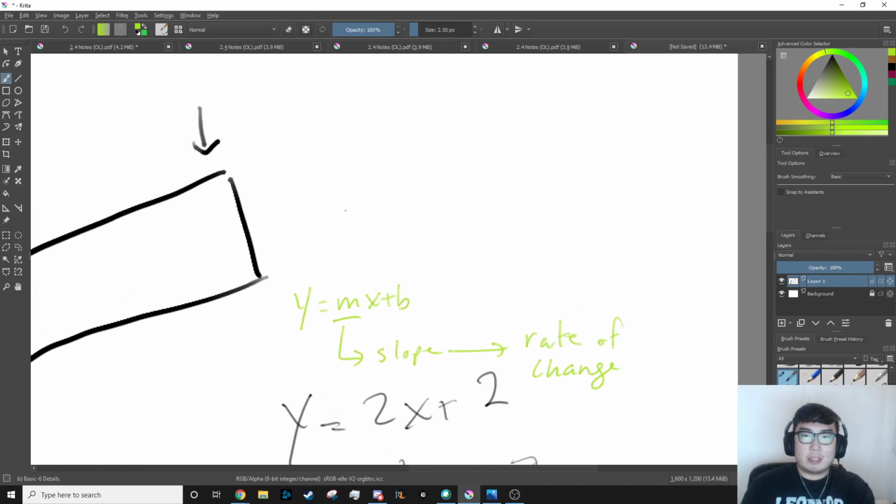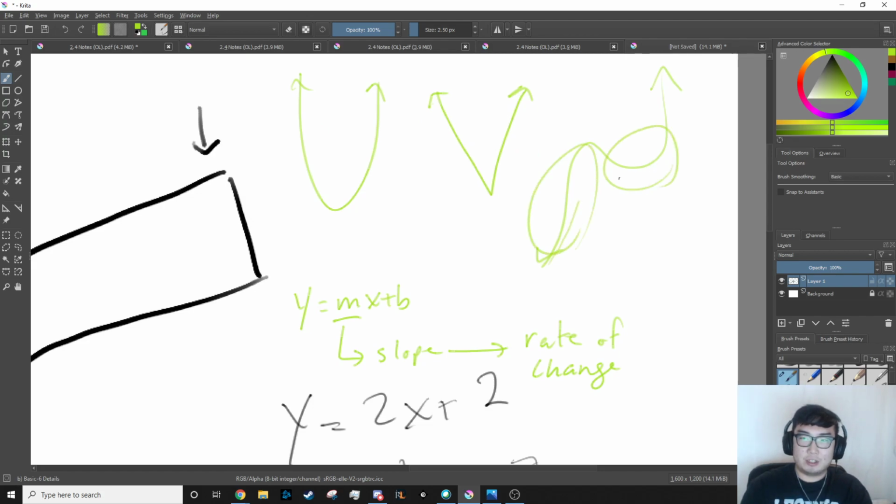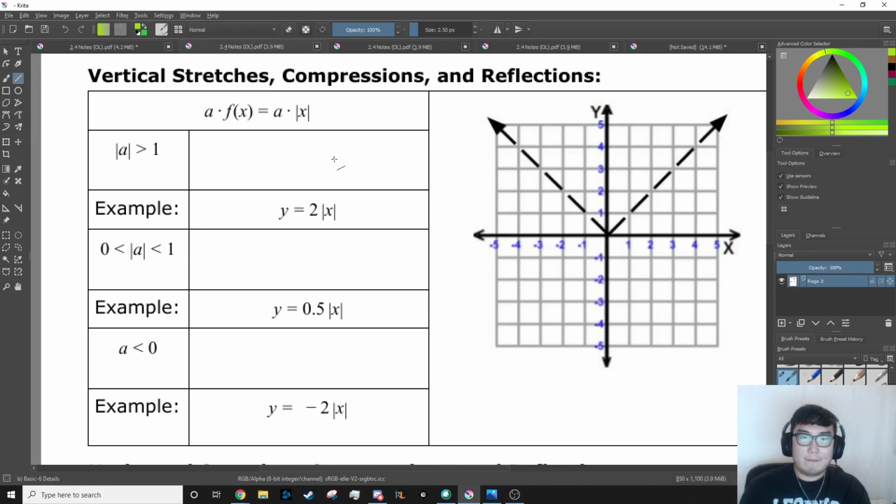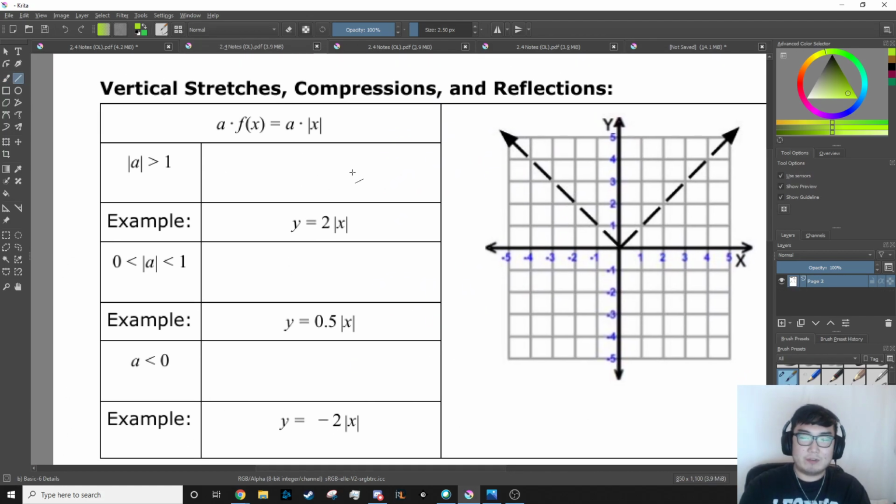But with graphs that have funky shapes like a U or a V, which is absolute value, or a squiggly, we can't say the rate of change is true for all the time, because we know that the slope is different from this section and this section. So instead of saying slope, we say vertical stretches, compressions, and reflections.